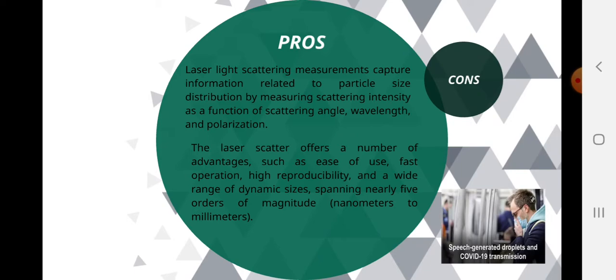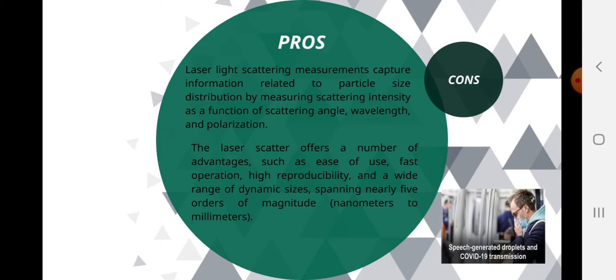Pros. Laser light scattering measurement captures information related to the particle size distribution by measuring scattering intensity as a function of scattering angle, wavelength, and polarization.